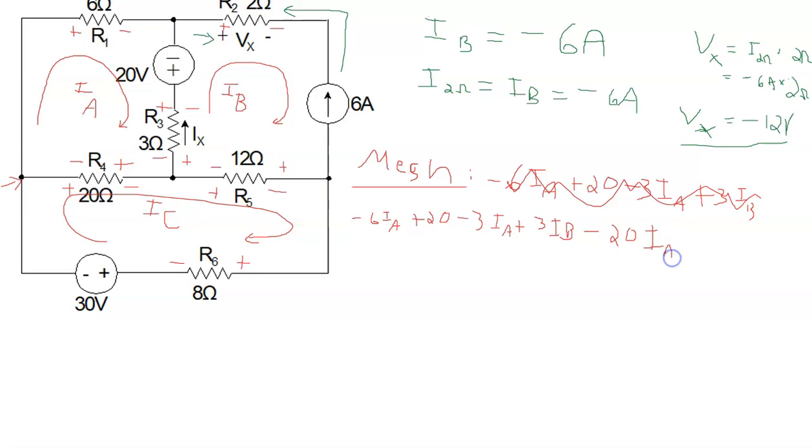And so, you know, the term then is a shared resistor. You got 2 terms, so it's plus 20 times IC, because the sign is going to be different for both terms.